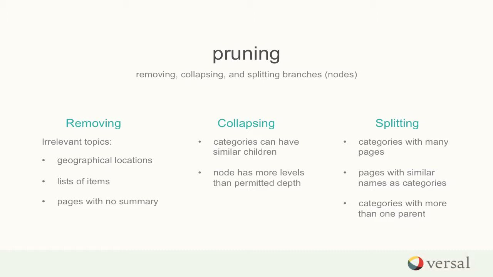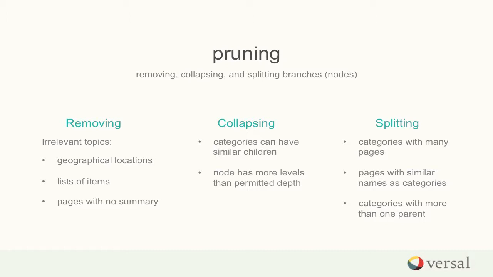What we've seen going through a lot of Wikipedia pages is that there are a lot of geographical locations that don't make too much sense to add in. So we filter out geographic locations. Okay? Another type of item that comes up quite a bit is lists and lists of lists. And there's even a page called list of lists in Wikipedia, a very entertaining page. So we remove those types of pages.